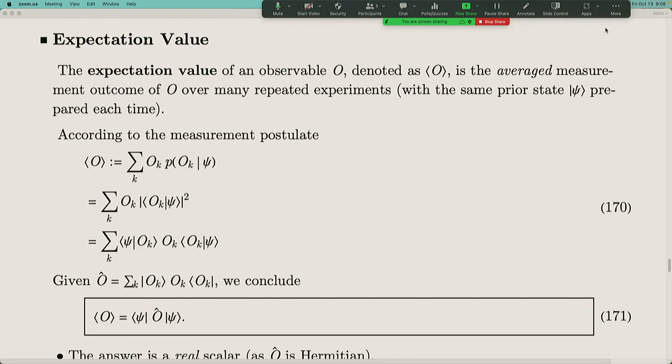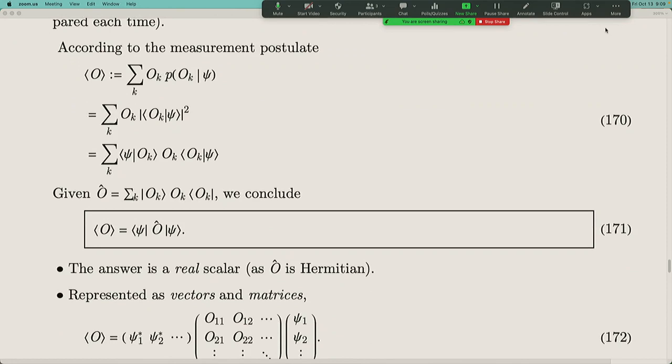So this basically tells us the expectation value of this observable is taking the corresponding Hermitian operator that represents this observable, which is a matrix, and the ket vector, which represents your initial state, a column vector. This bra version is a row vector. So you do a row vector, matrix, column vector matrix multiplication, and the result is a scalar. The result is a number, and that number is nothing but the expectation value. So that's how you compute the expectation value of an observable on a given state.